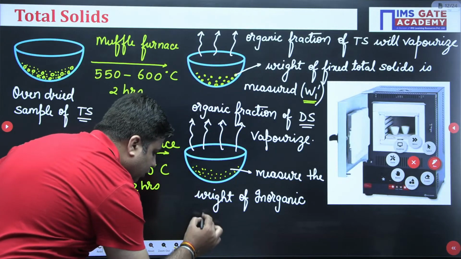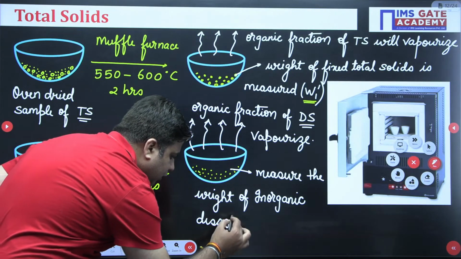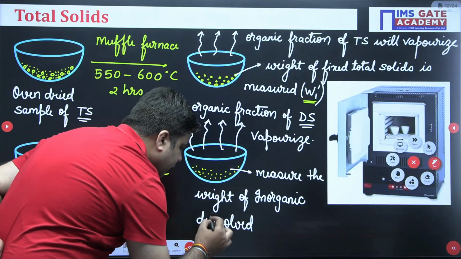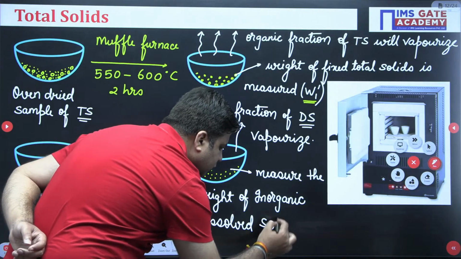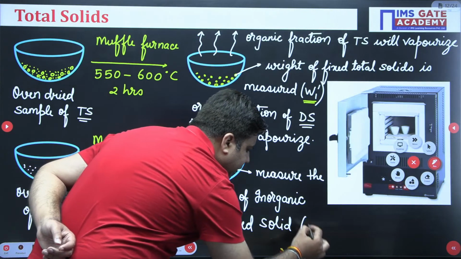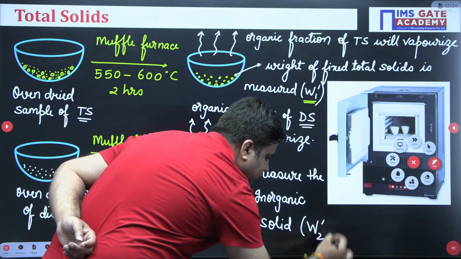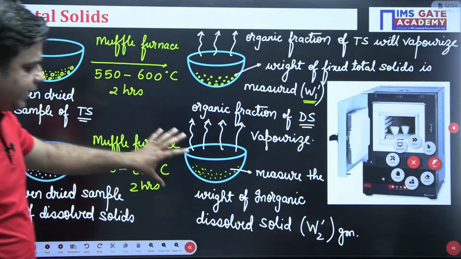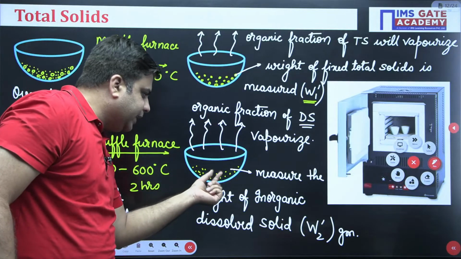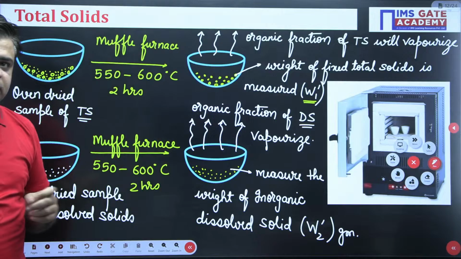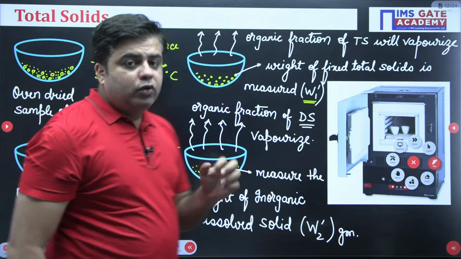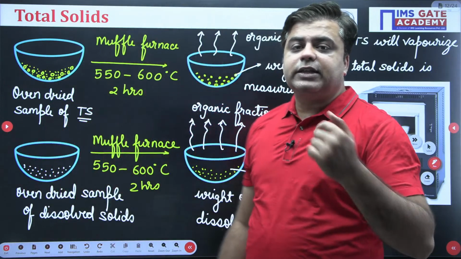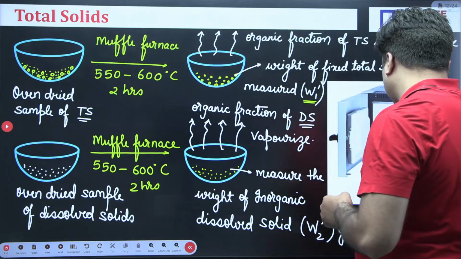Measure the weight of inorganic dissolved solids, and say this weight is W2 dash in grams. You have to simply take the weight of inorganic dissolved solids. Now from this weight, you can actually calculate the concentration of inorganic dissolved solids.